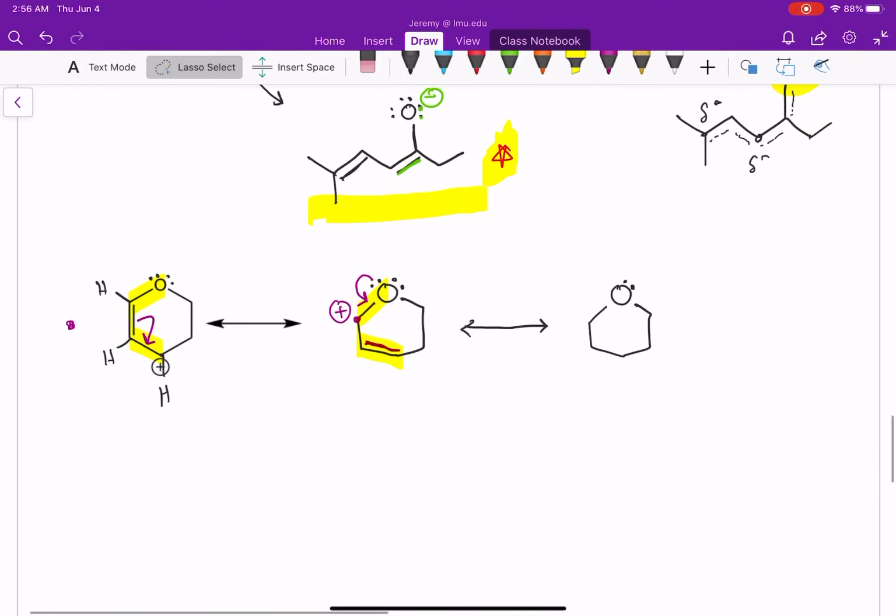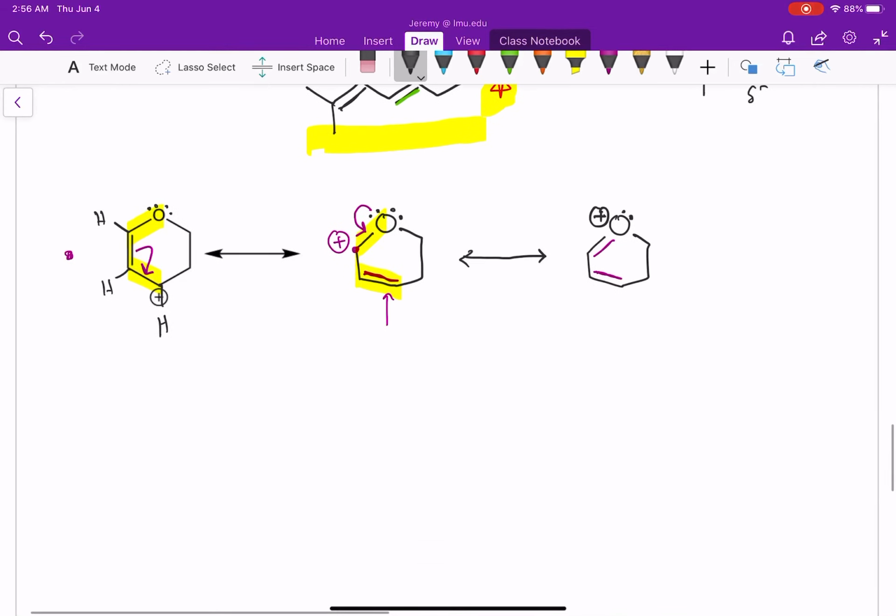So let's have that lone pair form a bond here. We haven't touched that, so that still has a double bond, and that's the structure that we get. What do we have to remember, though? What's the consequence? If we look at this oxygen that has 3 bonds and one lone pair, that only has 5 valence electrons, so we have to make sure we have a plus charge on that O, all right? So these are all the resonance structures we can form, okay?